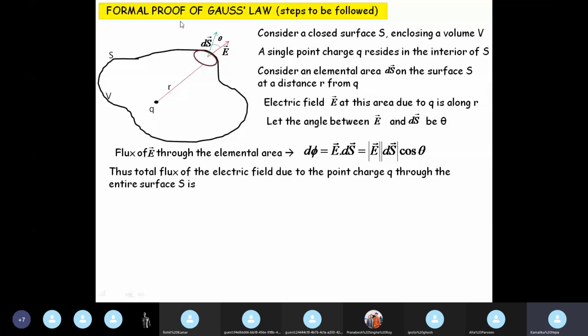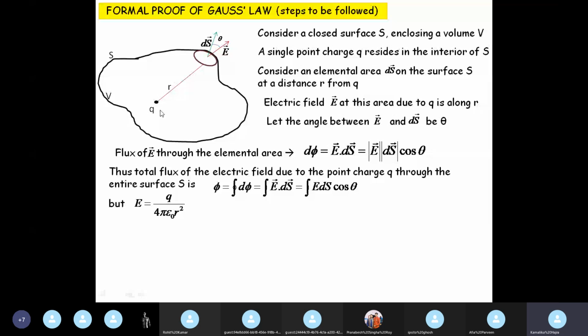So total flux is obtained by integrating d phi, that is integration E dot ds or integration E ds cos theta. But we know that E is equal to q by 4 pi epsilon naught r square. The value of E at any distance r from a charge q is given by q by 4 pi epsilon naught r square.